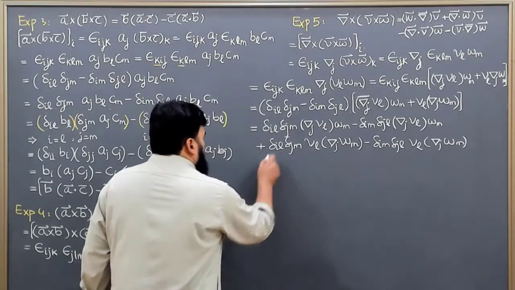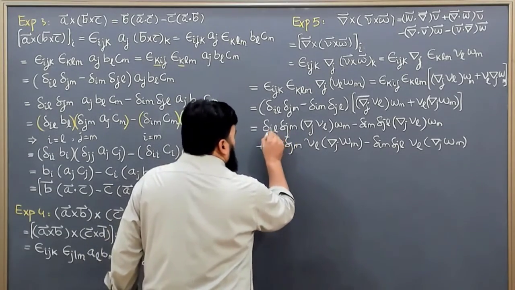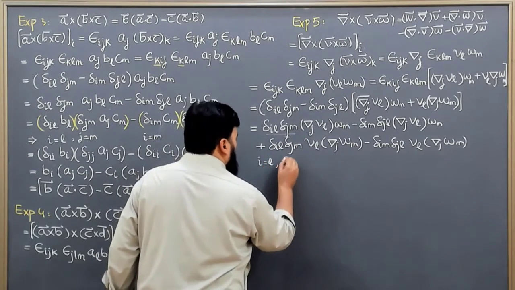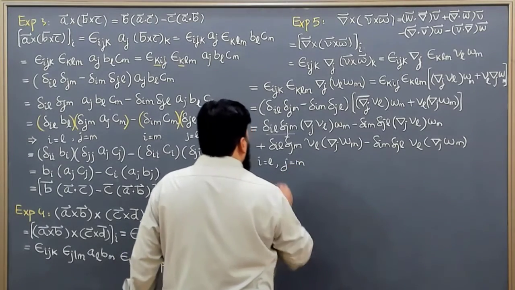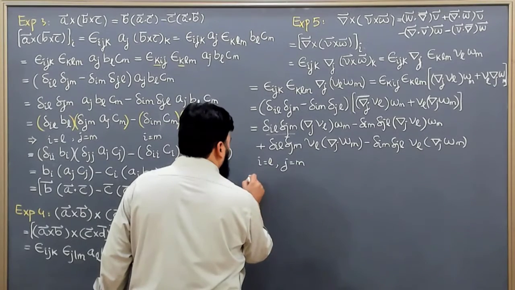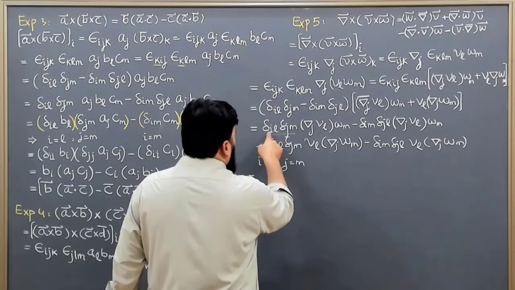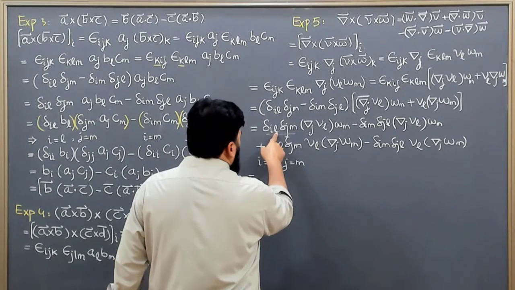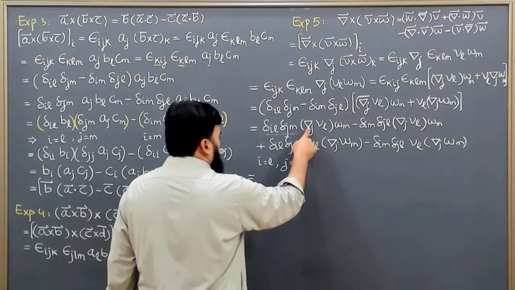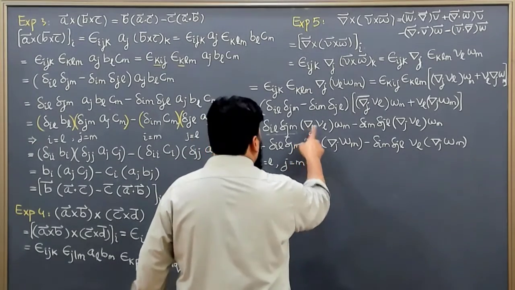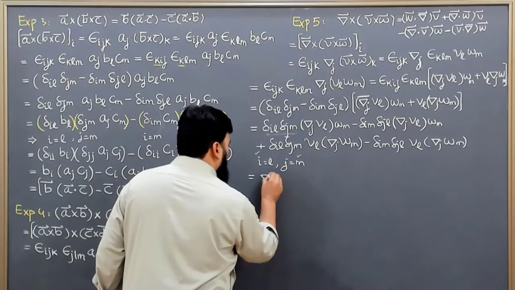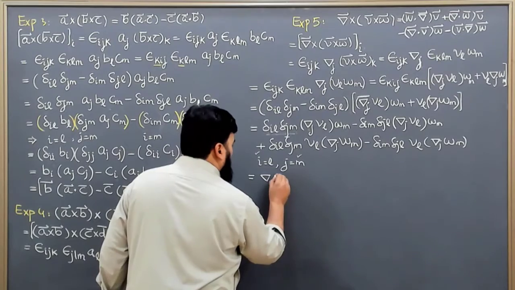Now let's say we do here for removing this thing, let's say I is equal to L and J is equal to M. So I can write this one, that this will become delta_II, and it will be equal to 1 as it is one component, and delta_JM will also become equal to 1. And this one I can write in terms of, I will keep the I and the M here, so this will be delta_M V_I.